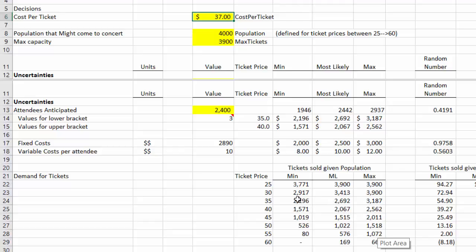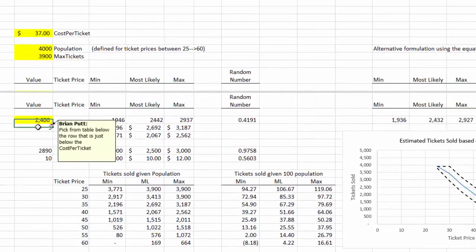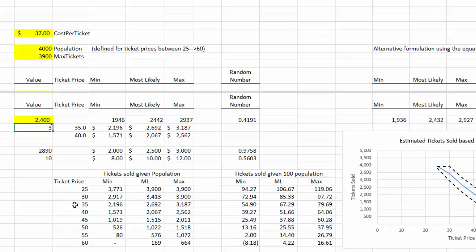I'm going to do that in a transparent way by picking out the appropriate rows to interpolate between. So we're going to start by finding that row that has the price just below our cost per ticket. So in this case, row 3, 1, 2, 3 has 35, which is just below the 37.